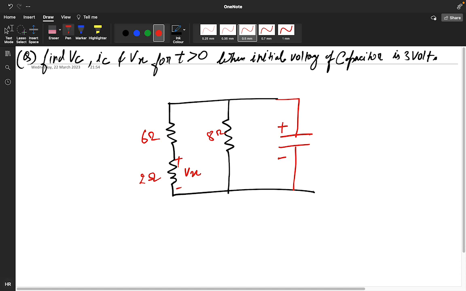This is positive, this is negative, and this C equals 2 farad, and this is your Ic.